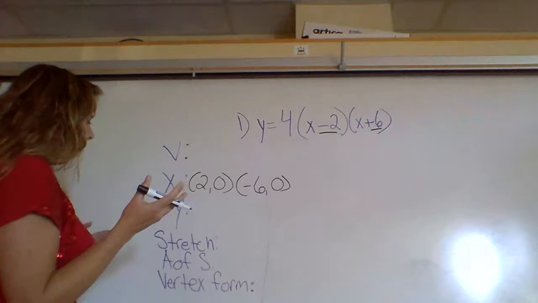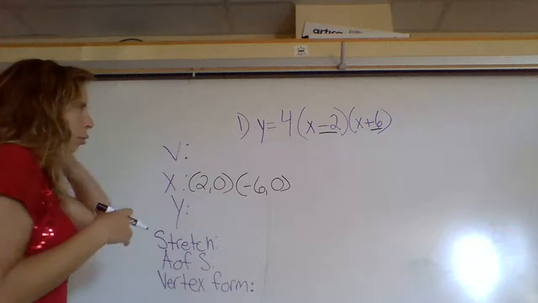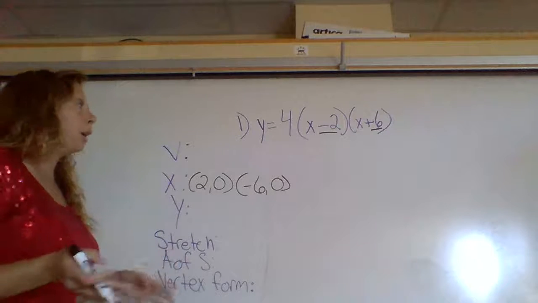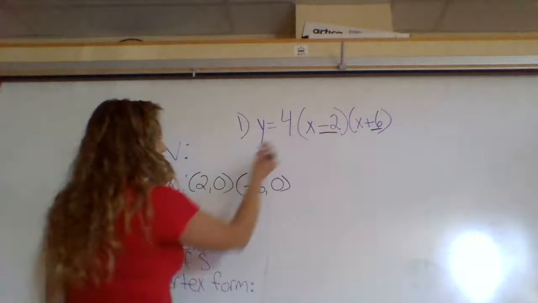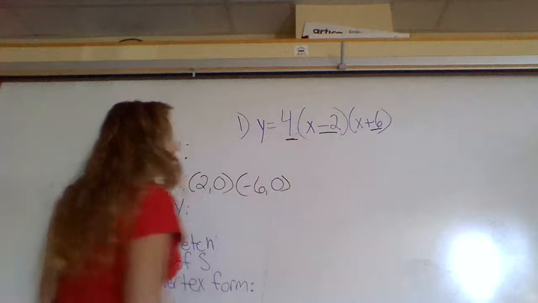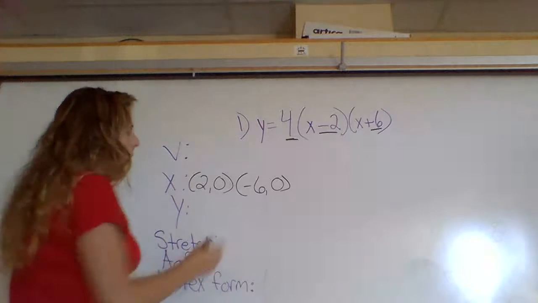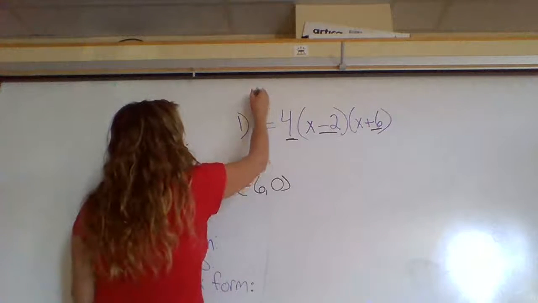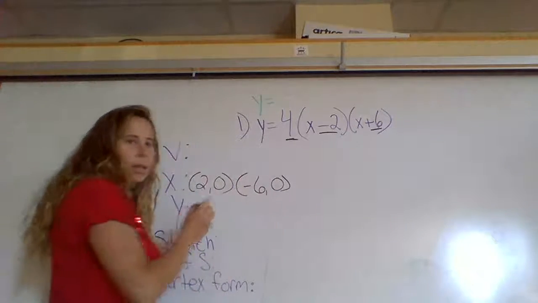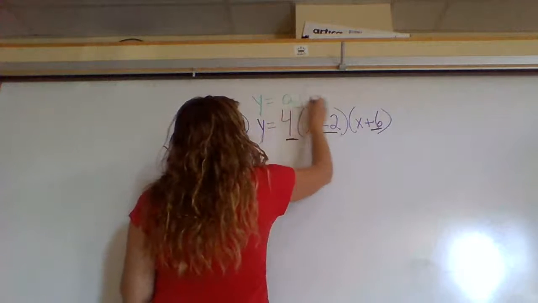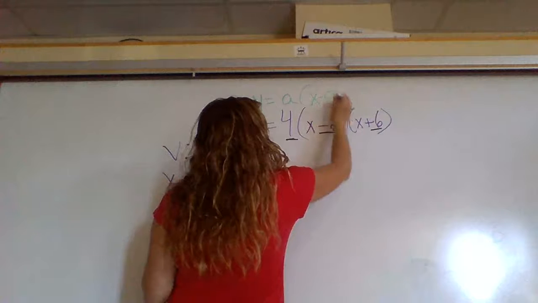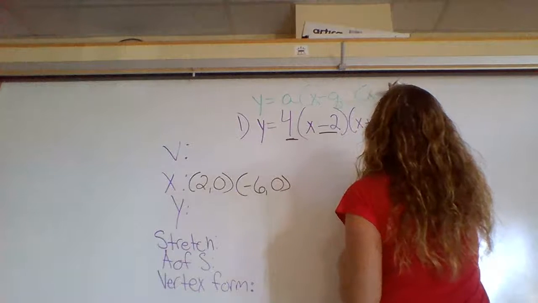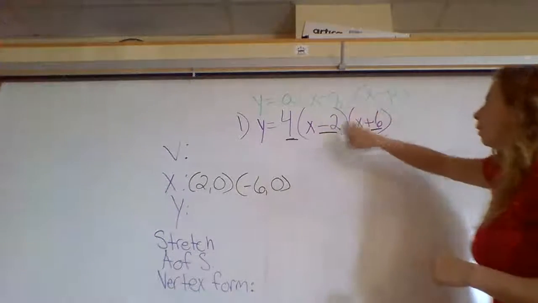Then let's go ahead and pull out the stretch, or shrink. The stretch is what is in front of the parentheses. So remember, this is your a, because factored form is y equals a times (x minus p) times (x minus q), where p and q are your factors.